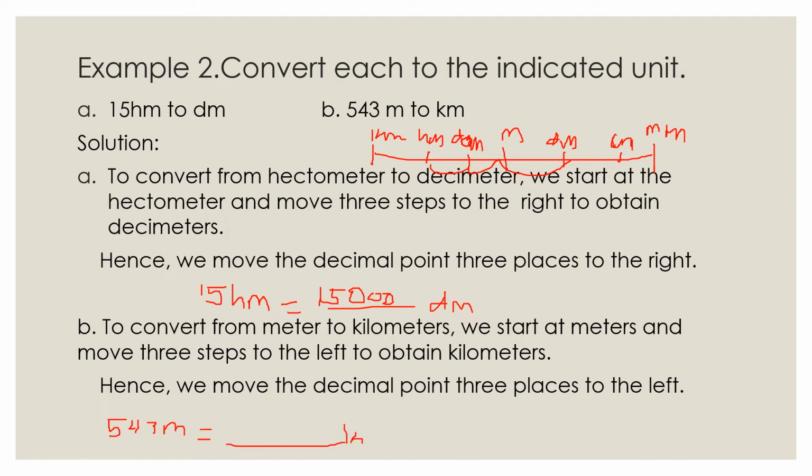Okay, so here, we move. Meters, 3 steps to the left. So, to the left, 1, 2, 3. So, we have 1, 2, 3. That means the answer is 0.547 kilometers. Okay? Any question?